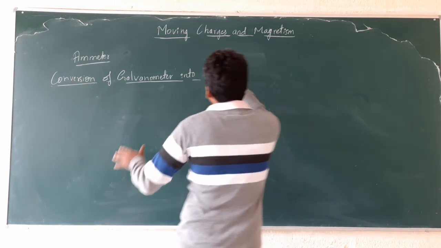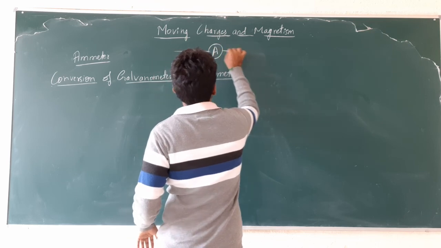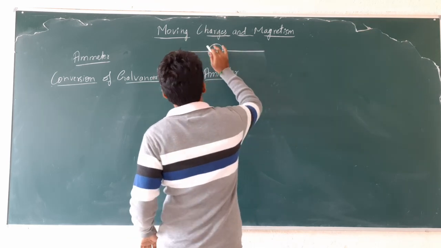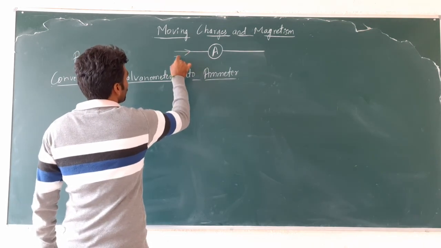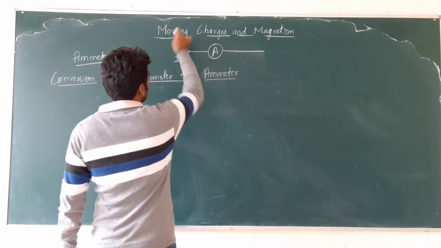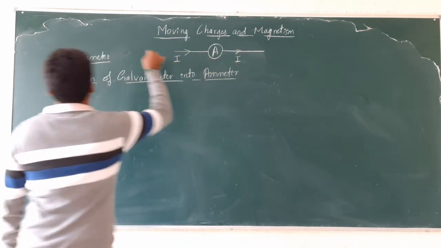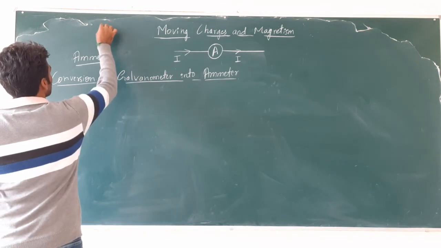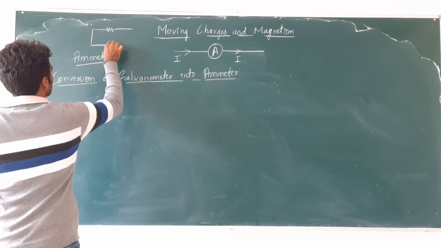First we should understand that an ammeter is always connected in series with the regular circuit, right? If this is the circuit through which the current is flowing, I is the current flowing in the circuit, so the ammeter is always connected in series. Say this is the resistor and this is the battery.